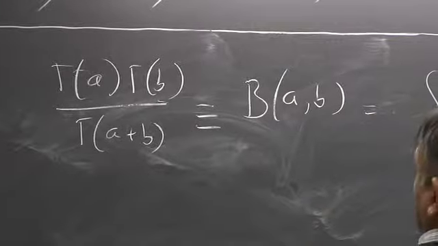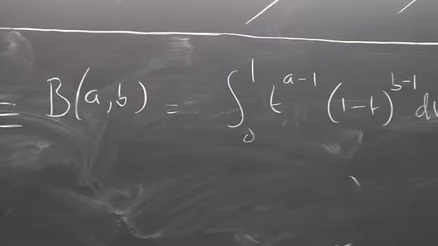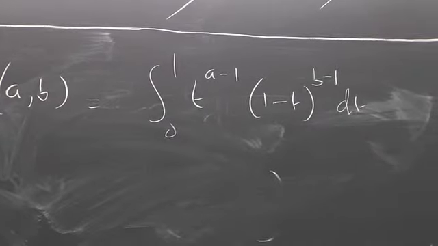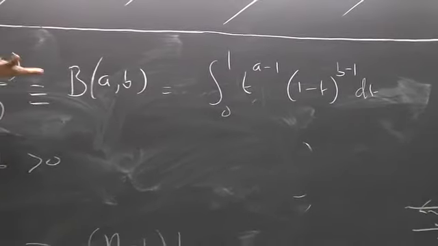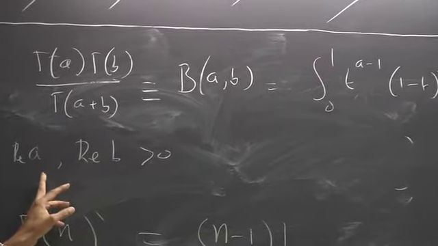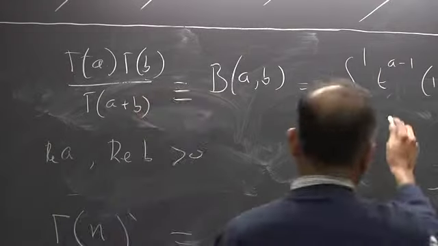This is under the condition that the real part of a and the real part of b are both greater than 0. The reason is that in order to prove that, we use the integral representation, which was valid only for real positive z.